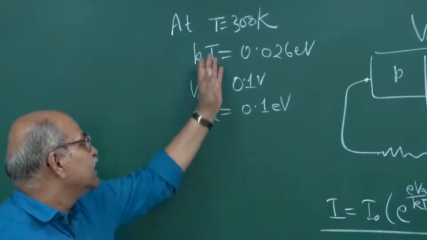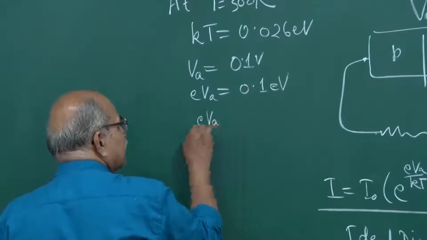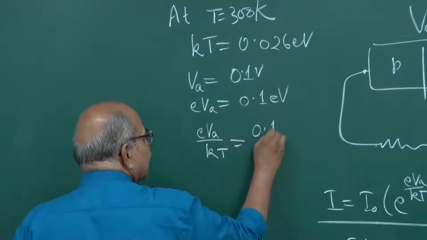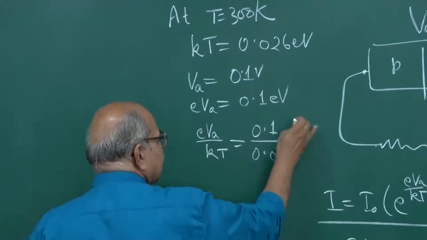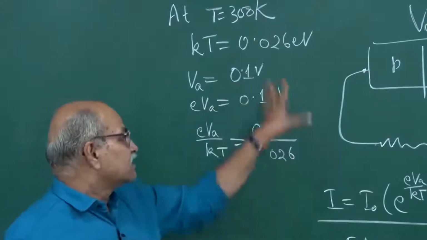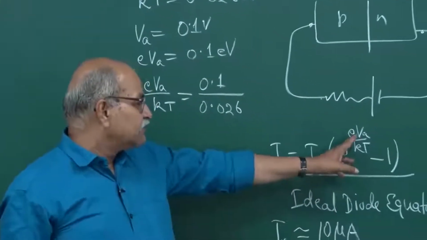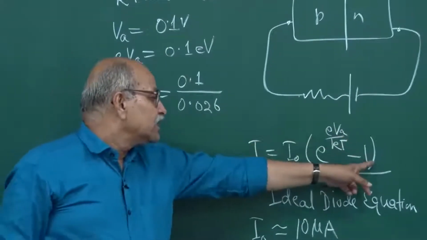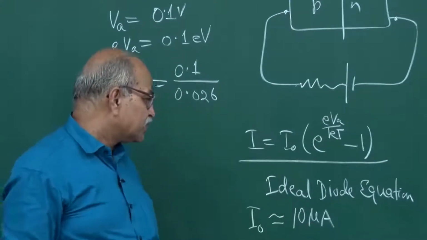So, eV by kT, for example in this case, will be just 0.1 divided by 0.026, and the eV cancels out. So, one can evaluate this number once the applied voltage is chosen, and then you can calculate this whole thing taking I naught say 10 microampere or so.